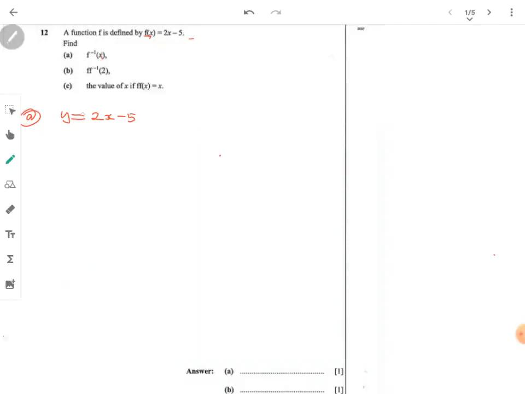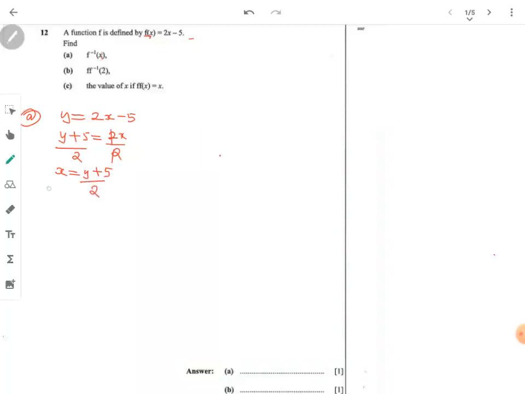So this is y. This one will go the other side, becomes positive 5 to give me 2x. I need to leave x alone. Now cancel. So x is equal to y plus 5 over 2. I've made x the subject of the formula in terms of y.